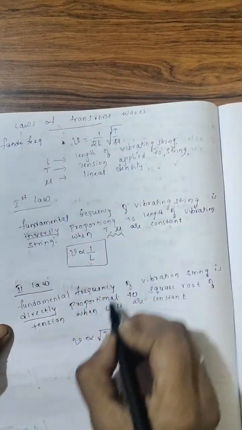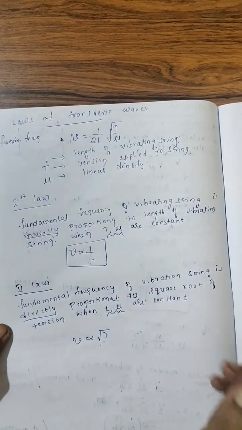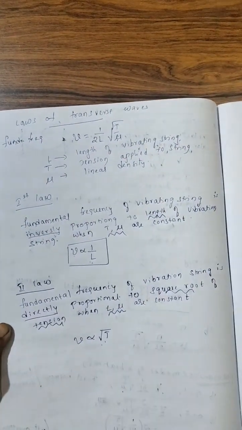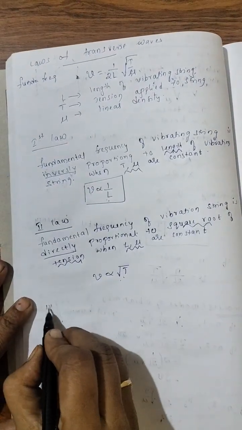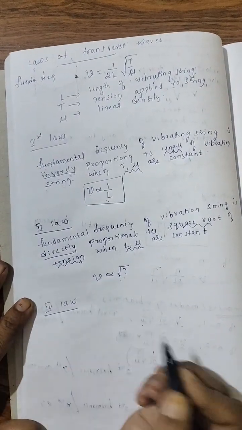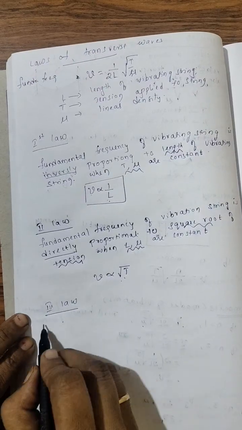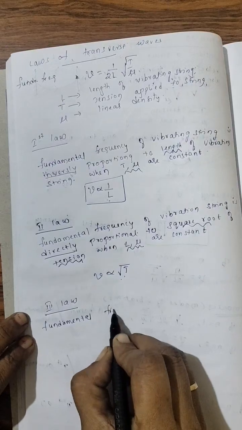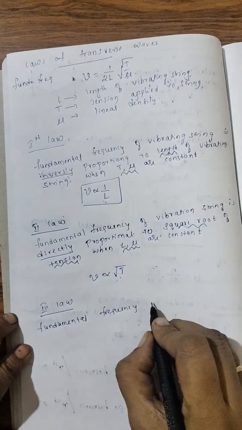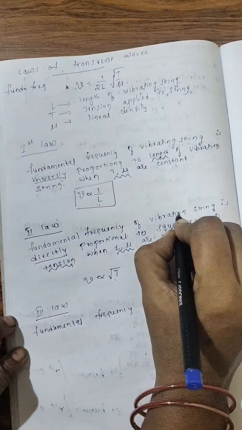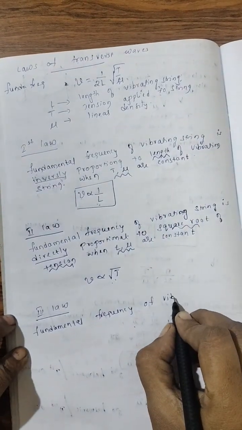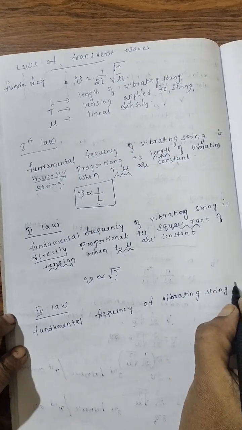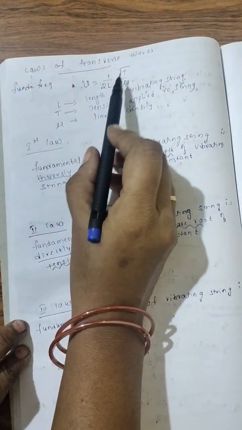Right? Here these are changing, these are kept constant. Here we used length. Here square root of tension. Right? Now next the third law. Okay. Now same. The fundamental frequency of vibrating string is, now L completed, T completed.